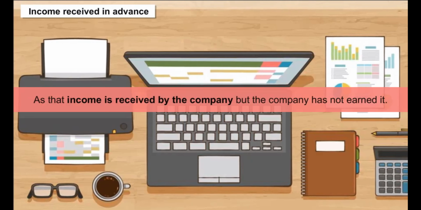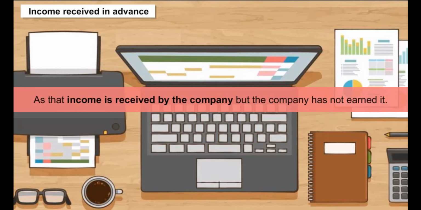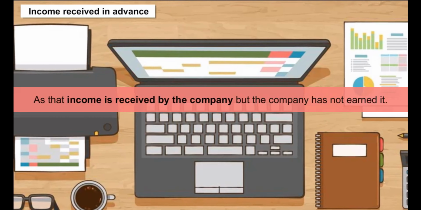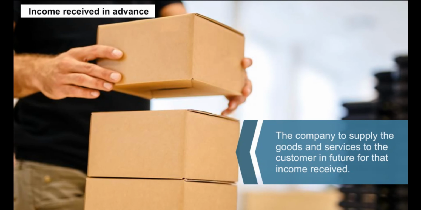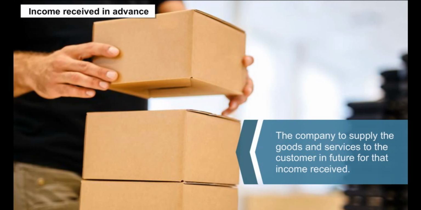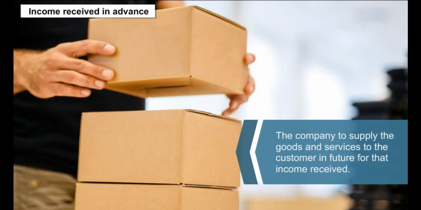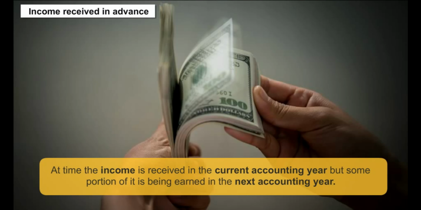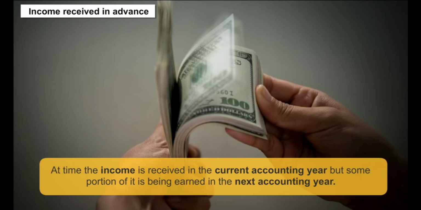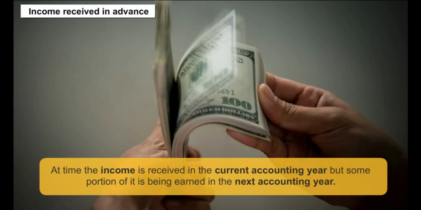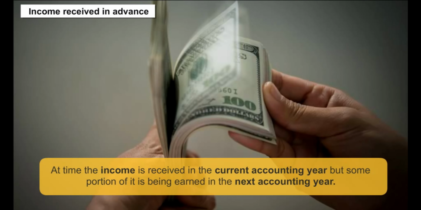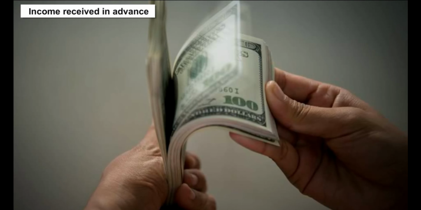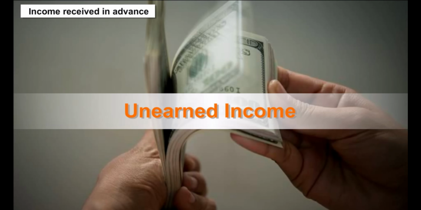As that income is received by the company, but the company has not earned it, the company has to supply the goods and services to the customer in future for that income received. Always the income is received in the current accounting year, but some portion of it is being earned in the next accounting year. This is also called unearned income.